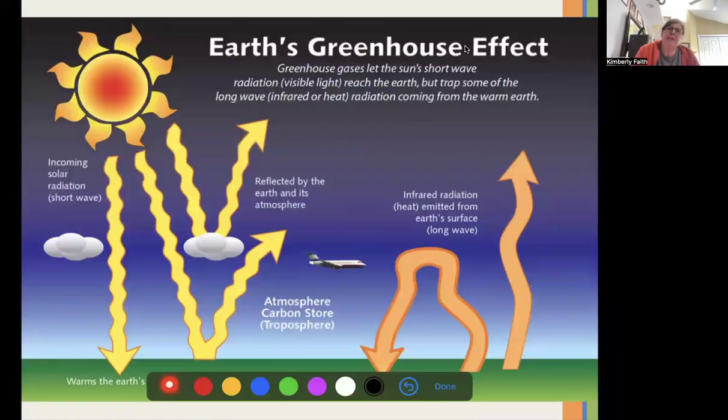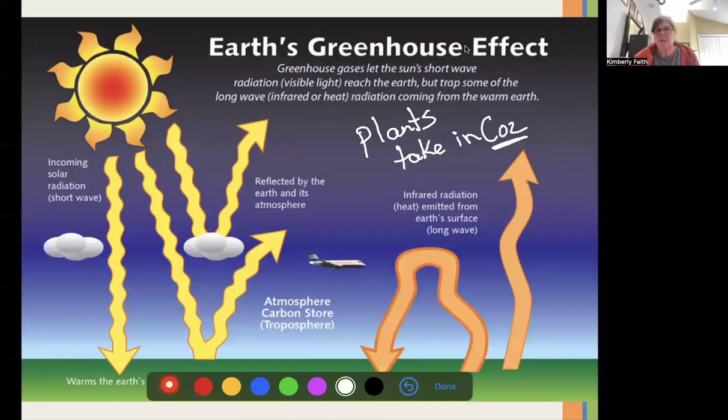And to talk a little bit about the greenhouse effect, because we know plants are so important with producing oxygen. Since plants are taking in CO2 and CO2 is a greenhouse gas, plants help to reduce the number of greenhouse gases that we have.